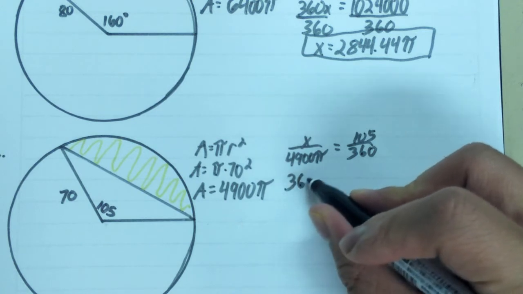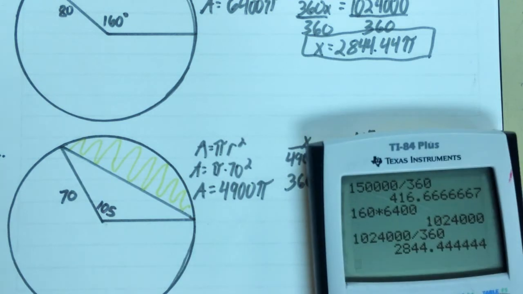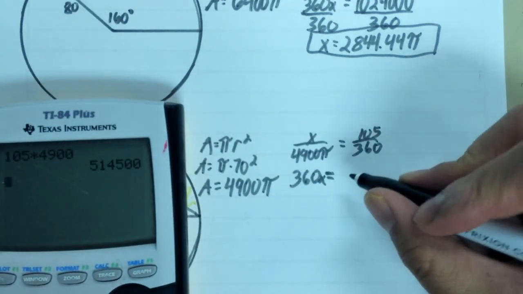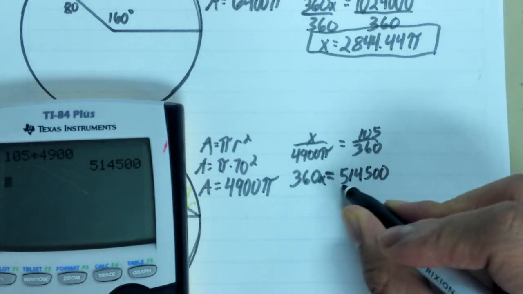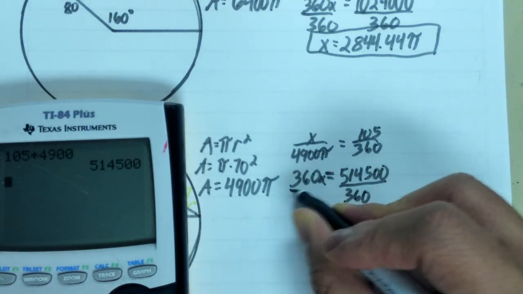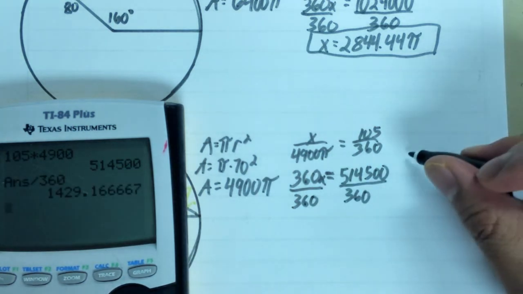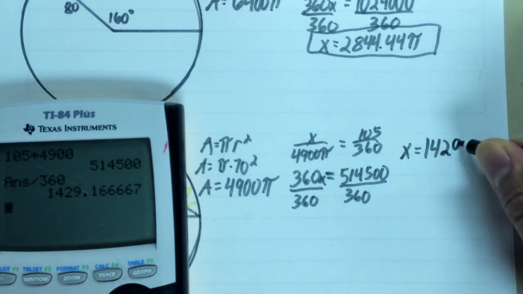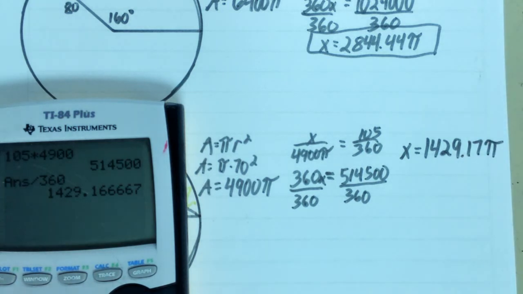Cross multiply, we get 360x equals 105 times 4,900, which is 514,500. And last step, we divide by 360 to get x equals 1429.17 pi.